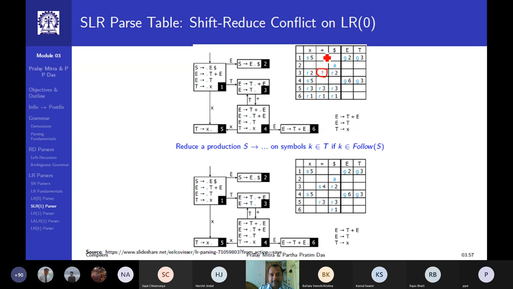Upon looking at addition, I will take a decision based upon my follow information. We discussed the first and follow definitions. If K belongs to follow S and K is a terminal which occurs on the right-hand side of a production rule, then you go for reduction, otherwise shift. Following that, the suggestion is that from state 3 you go for the shift operation, not for the reduction operation.